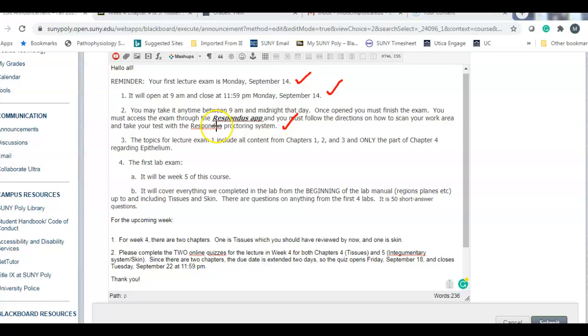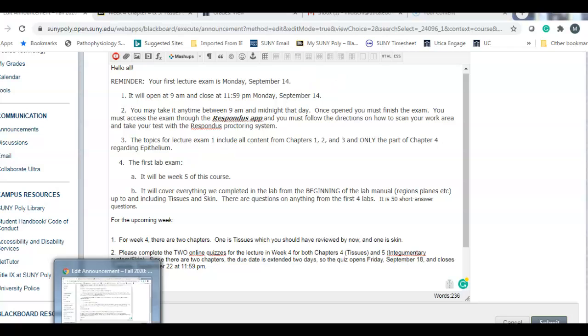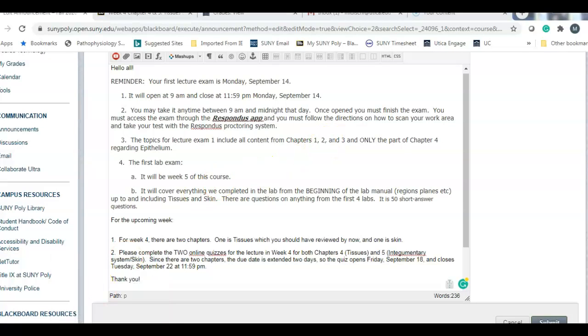The topics for Lecture 1 exam, you should know by now. And we also have the first lab exam coming up. Check with your lab instructor on when you can take that, because we are all at different places in lab and we have different days, of course, that we come into the lab.